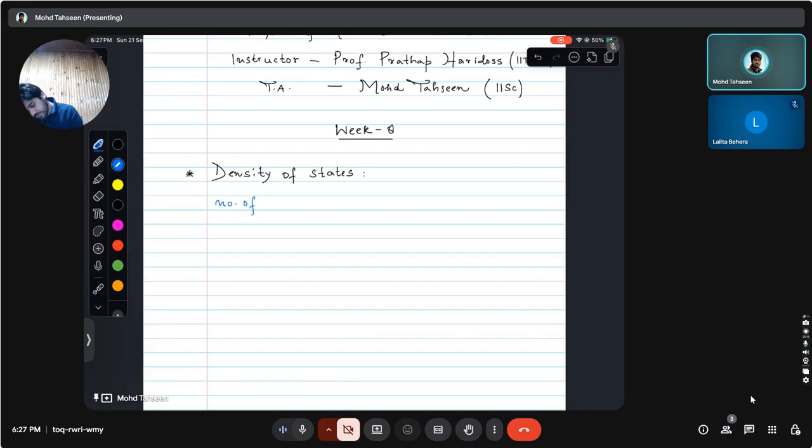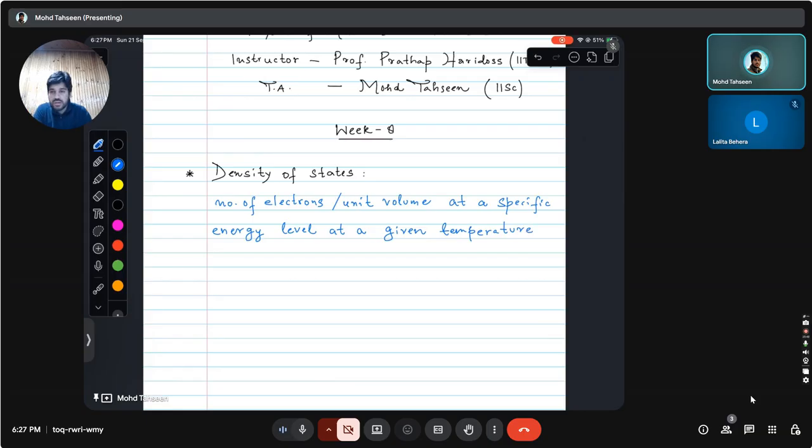Roughly, it means number of electrons per unit volume at a specific energy level, at a given temperature. But what is the use of this information, or why are we interested in finding this information?